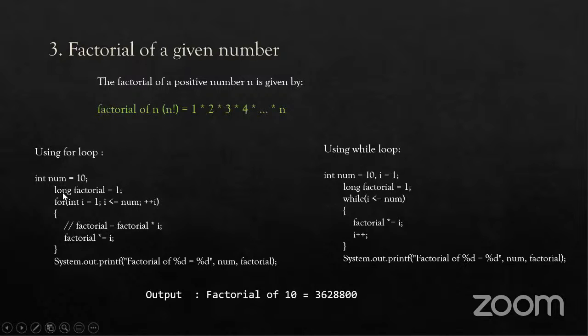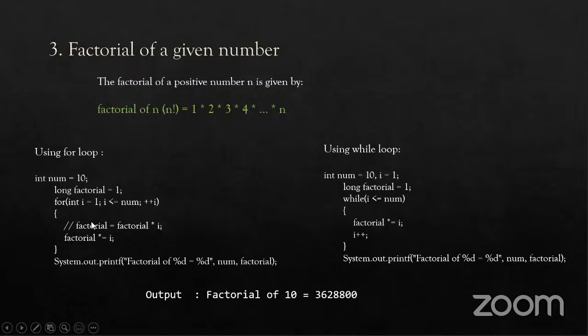If we use long, we can store larger values, because int can only store values within a limited range. So for storing large numbers, we give the data type accordingly. I have given long for factorial and assigned the value 1 initially.